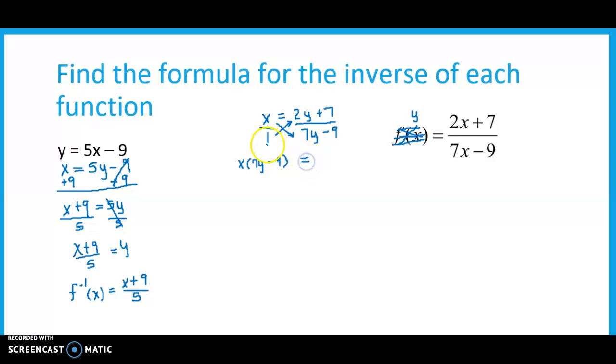And again, moving left to right, this time bottom to top, I have 1 times this, so 1 times anything is itself, 2y plus 7. All right, so now what I want to do is the distributive property because I have parentheses. So I distribute, I multiply to both terms, and that gives me 7xy minus 9x is equal to 2y plus 7.